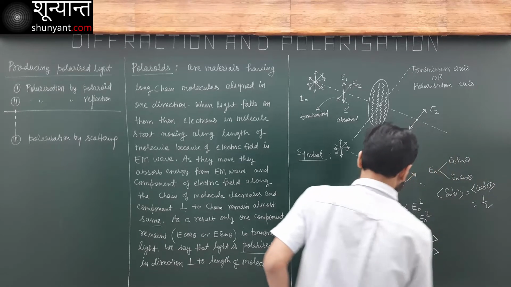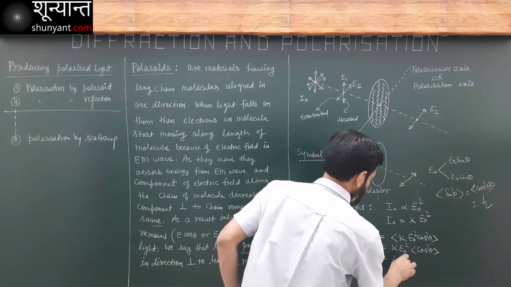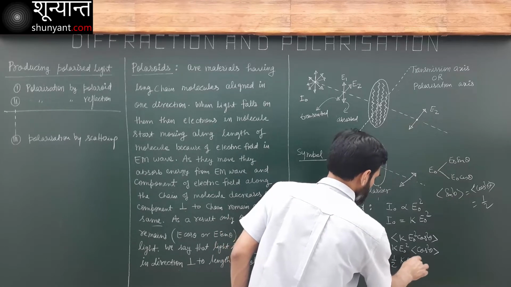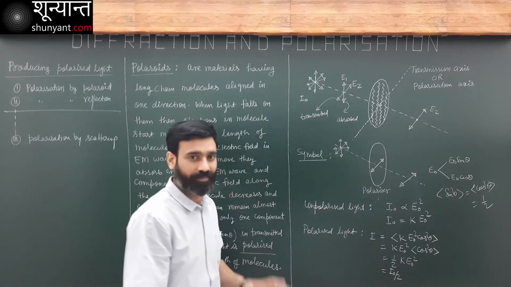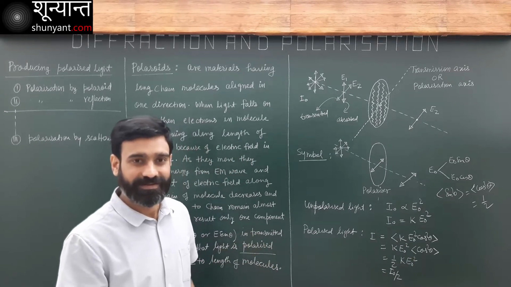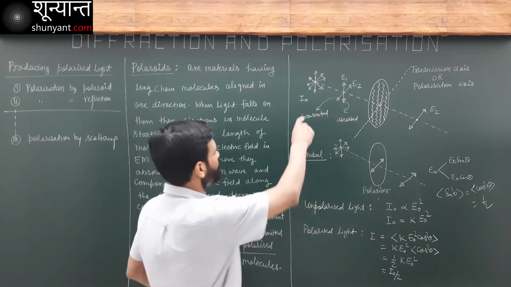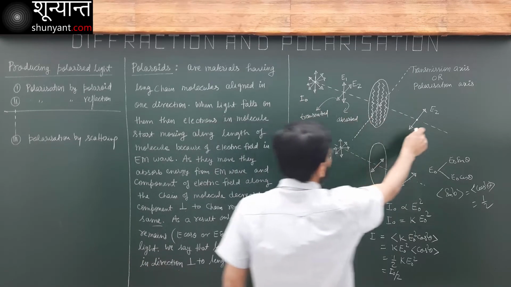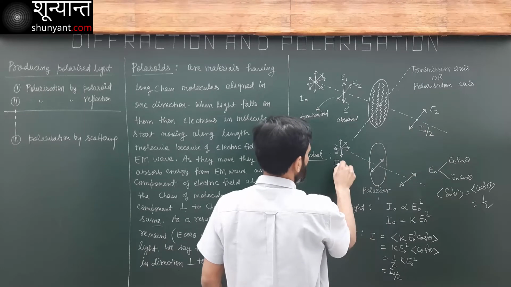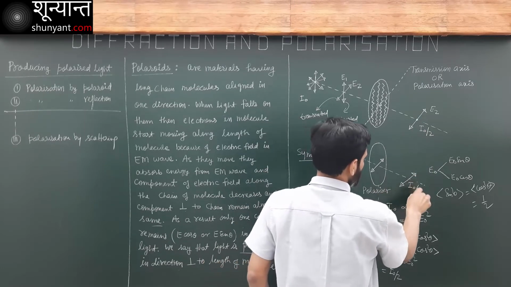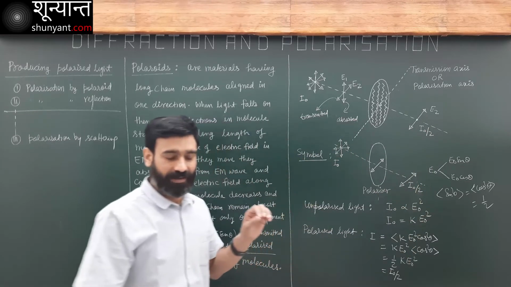So this becomes half times k E naught square. It becomes I naught over 2. Intensity becomes half. So if this intensity is I naught, the intensity here becomes I naught over 2. This is something that you will remember.